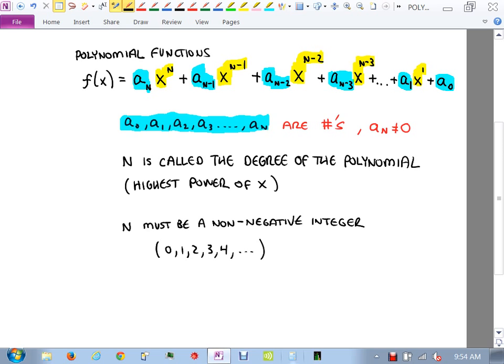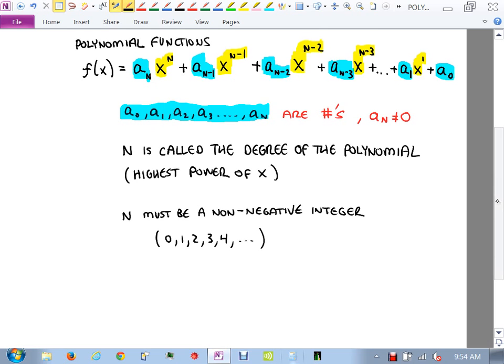The biggest integer we would see in the function is called the degree. All right? And the one condition we have is that whatever that highest power is, it can't have a 0 in front of it. If your polynomial looks like that, it's a polynomial function. Now, I'm going to address the blue in a second here, but let's do some examples so you see it's not as bad as it looks.